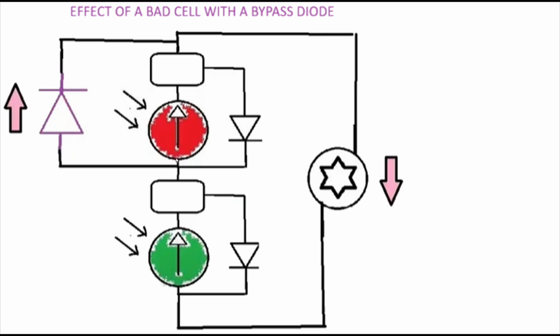It gets to here, there's a bad pump there, there's a diode or a one-way valve there, so it takes the path around the bad cell. So now the good cell is able to deliver its power to the turbine. So the bypass diode has solved that problem.